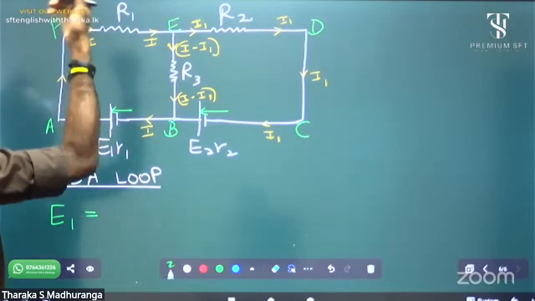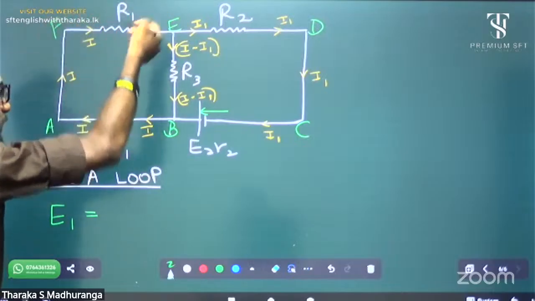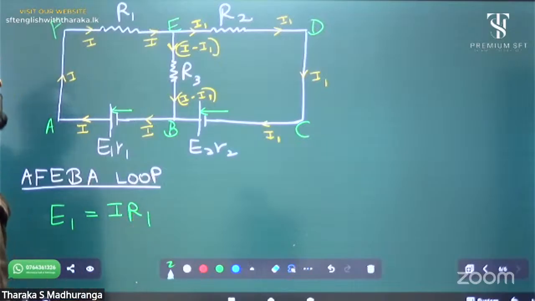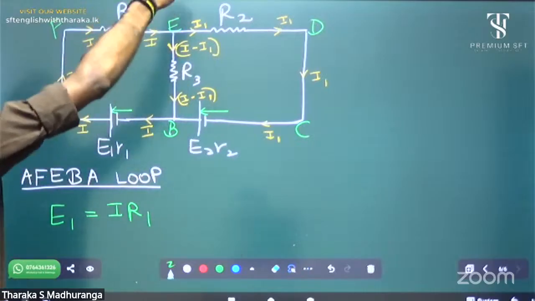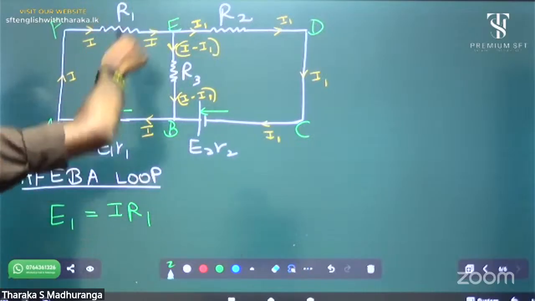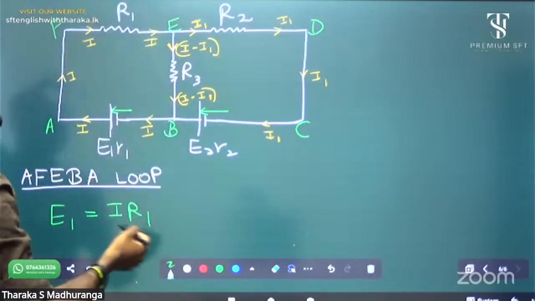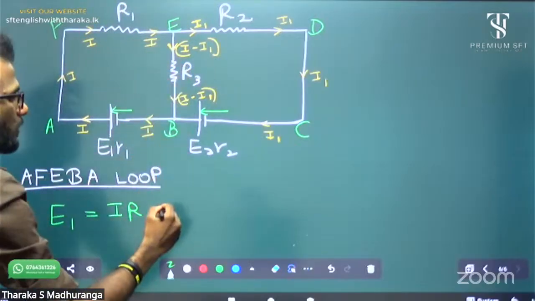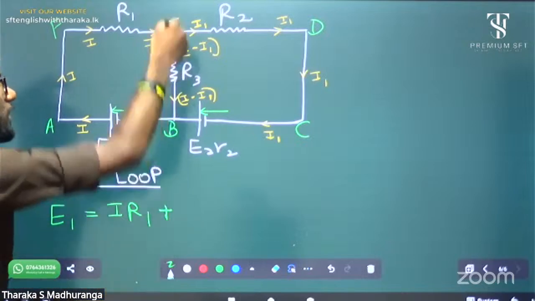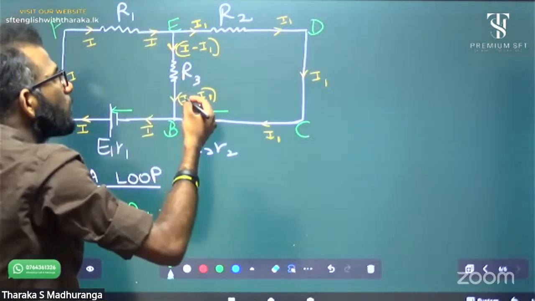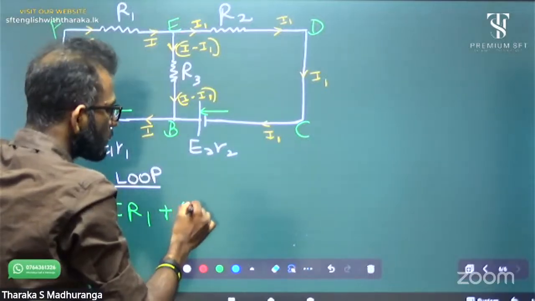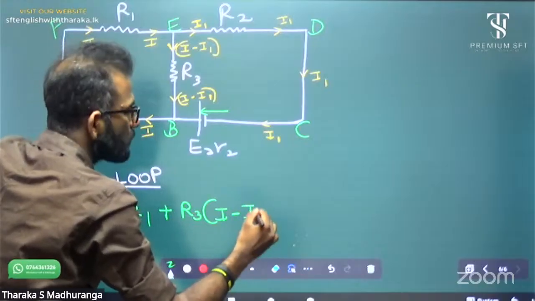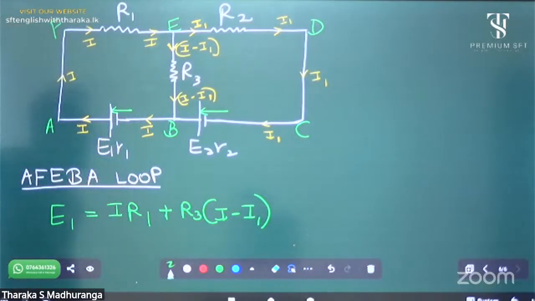again A to F, no resistance. F to E, R1, then it is I R1. E to B, according to my path, this is positive because my direction and current direction are the same. E to B, R3, plus because the directions are the same. How about the IR product? It is R3 multiplied by I minus I1. Be very careful with these calculations.